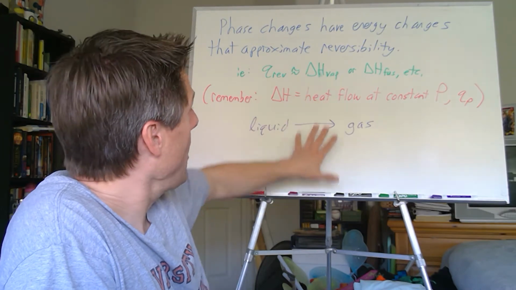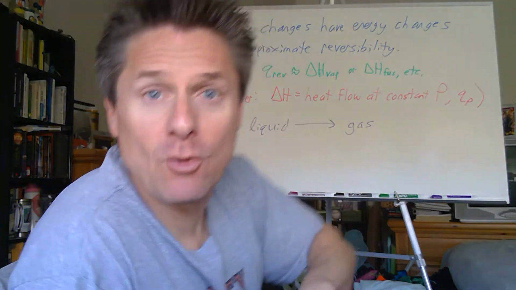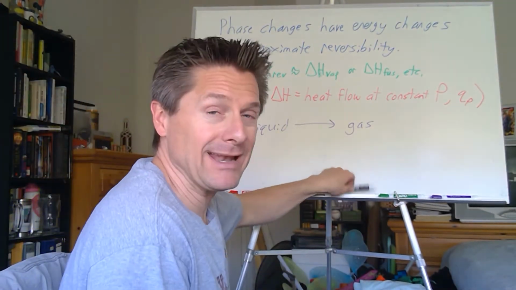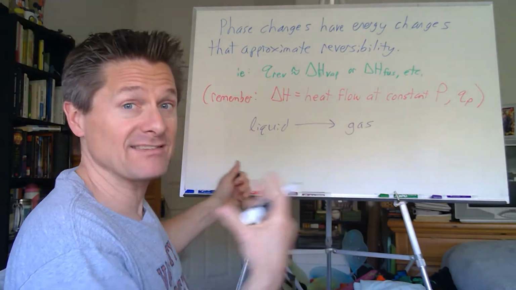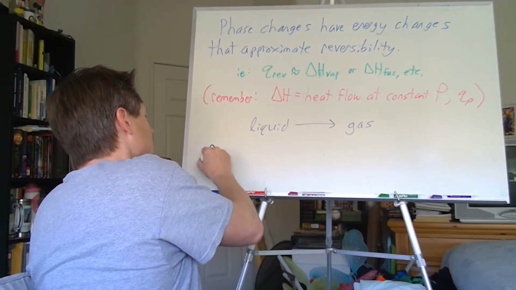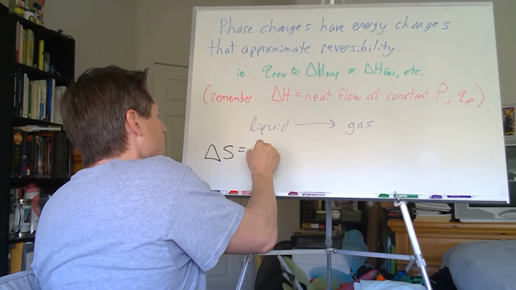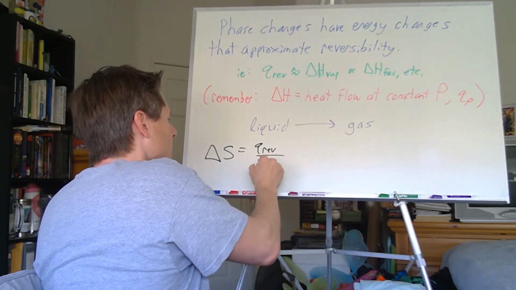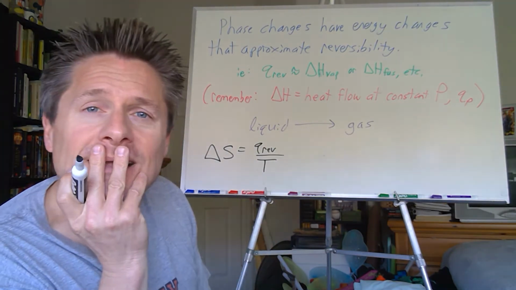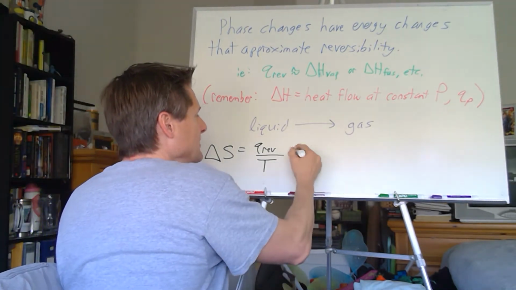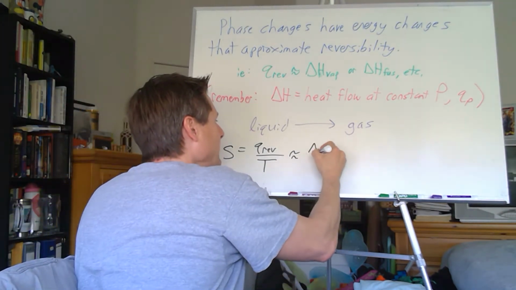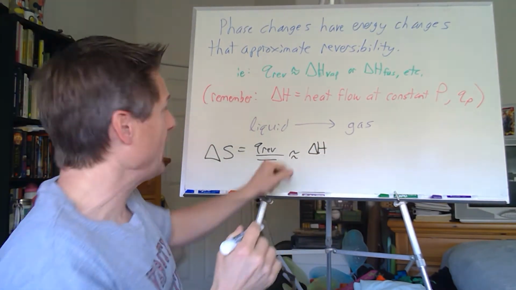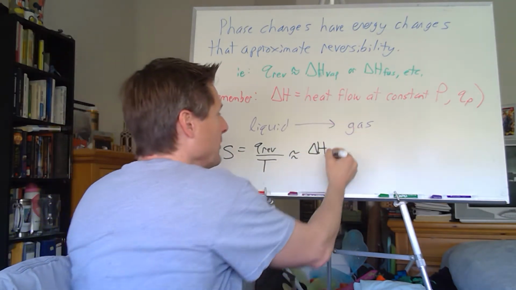So anyway, let's say we have some generic liquid going to some generic gas. If I wanted to calculate delta S, this is a phase change, so we can approximate Q reversible. So delta S is Q reversible over the Kelvin temperature, right? Well, since this is a phase change, we can approximate that as the enthalpy change of that phase change, and this happens to be liquid to a gas or vaporization.